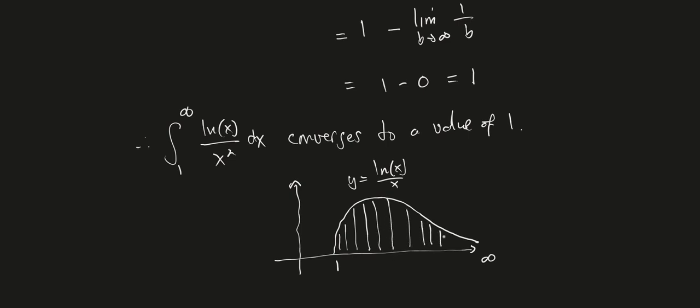I just keep accumulating area and I never stop. Then that area approaches a value of 1. So the area under this curve from 1 to infinity approaches a value of 1. So that's where we say converge. It's getting closer and closer to 1, and I can get it as close as I want.